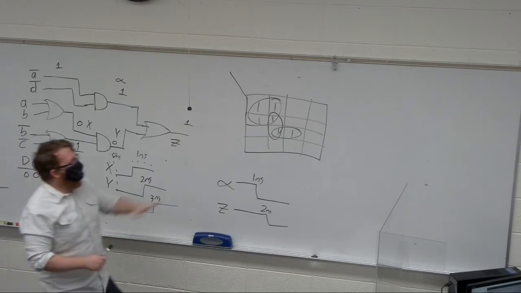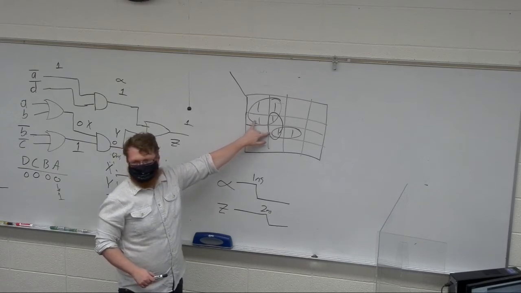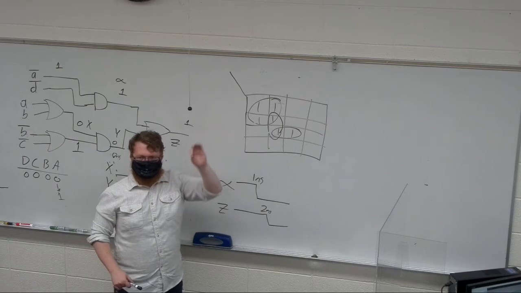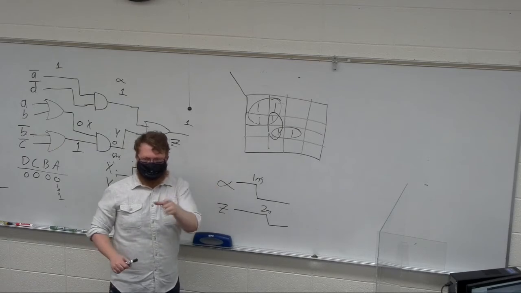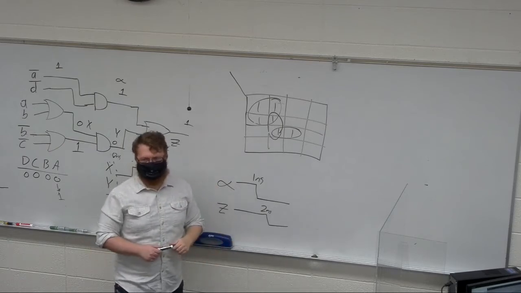And this won't always cause a hazard. If you end up with no inverted signals from your K-map, so your only terms are A, B, and C, which is a really trivial solution, you won't have a race condition.